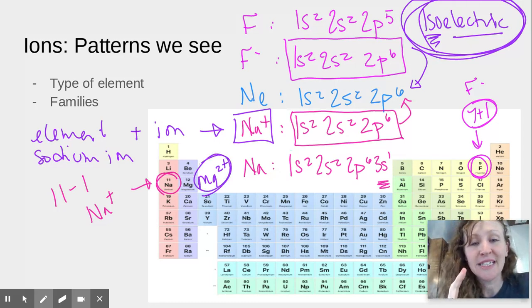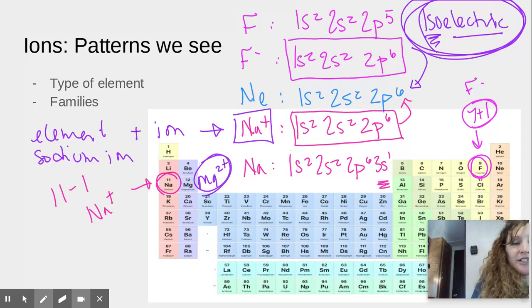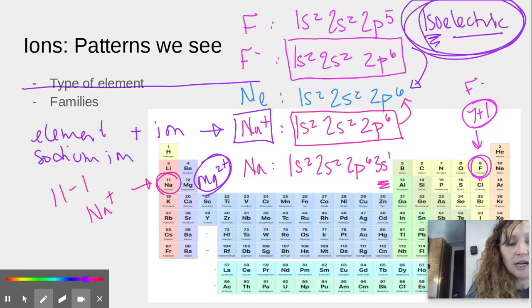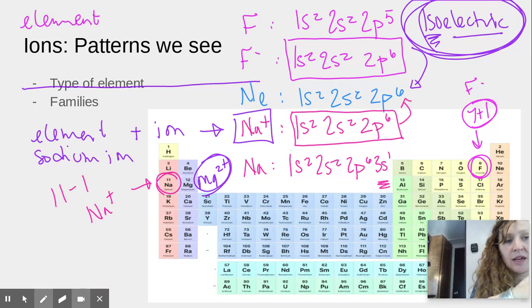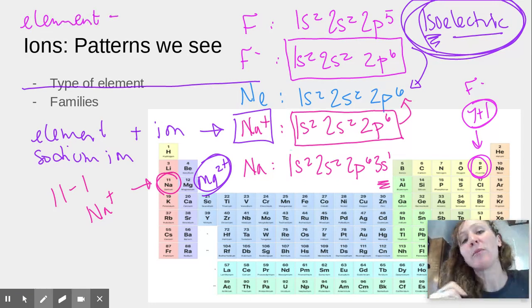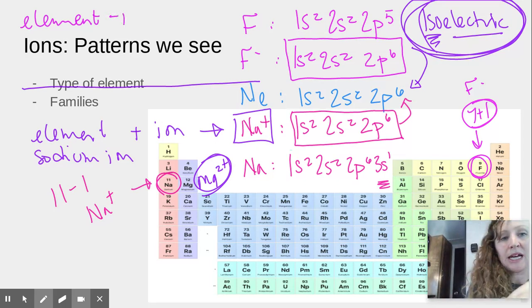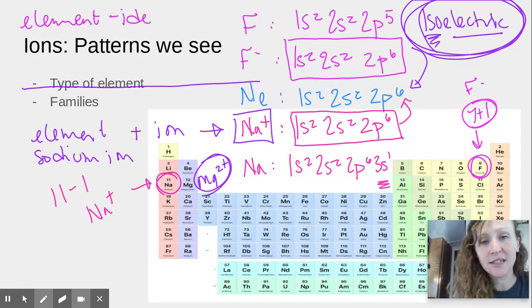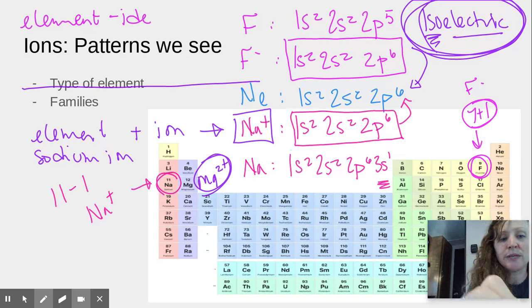Anions are a little bit trickier. In order to name a negative ion, we're going to have the element name, but we're actually going to take off part of the element name and put on "ide" before we tack on the word ion.